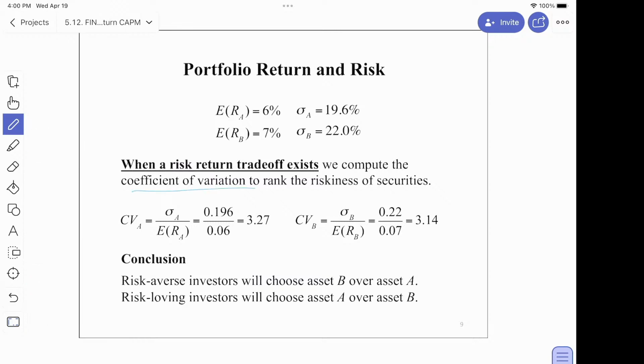The coefficient of variation, or the CV, is computed using both the expected return and the risk, and the way that we compute it is we take the risk, which is what we don't like, and we spread it out over the return. So we're trying to figure out, is the risk worth the benefit?